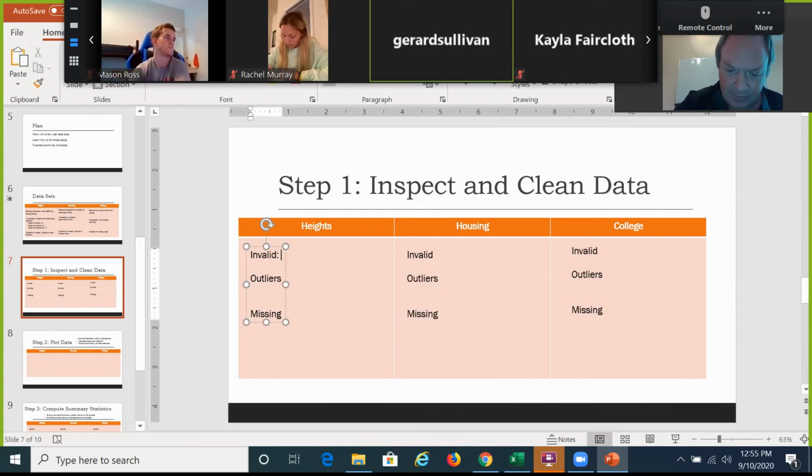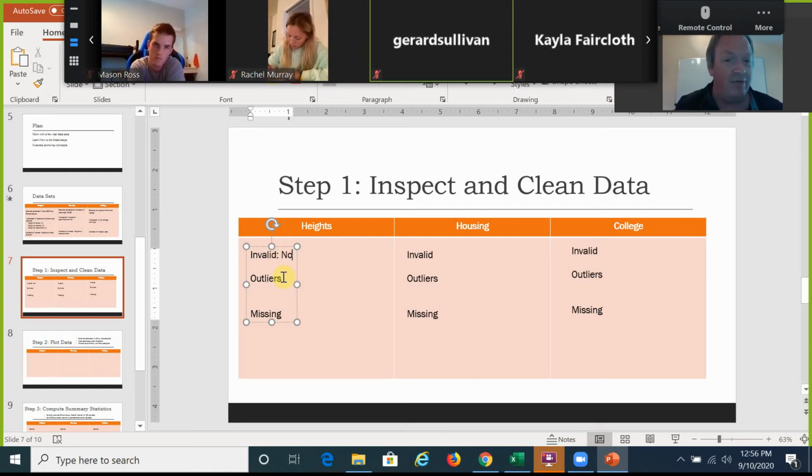I don't have the data up right now, but an invalid height would probably be something like an outrageous number, like maybe 12 inches, something that's not humanly possible, or a negative number, something like that.